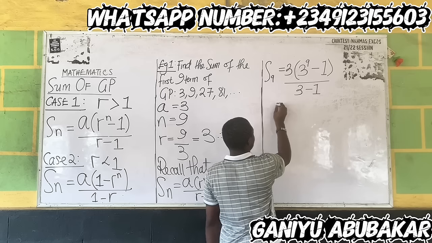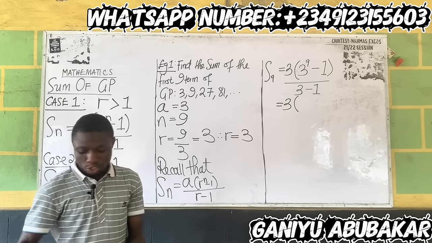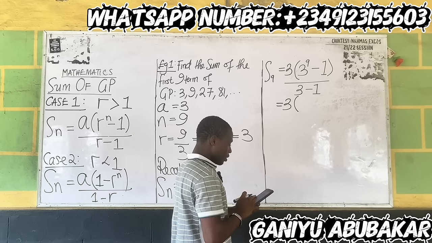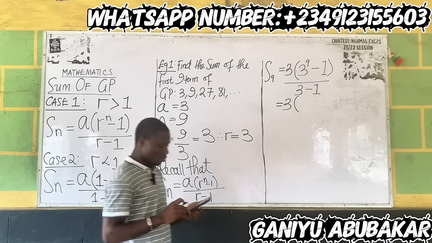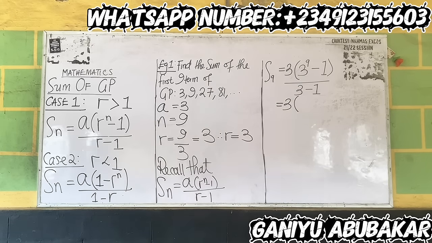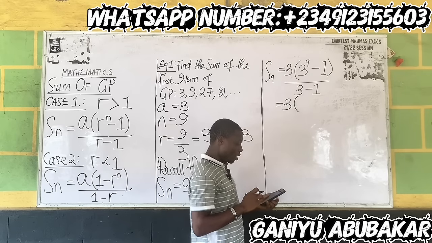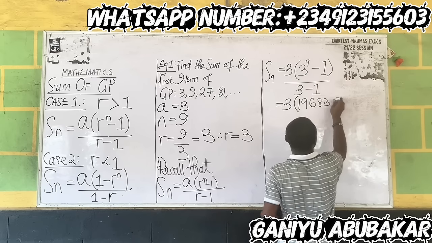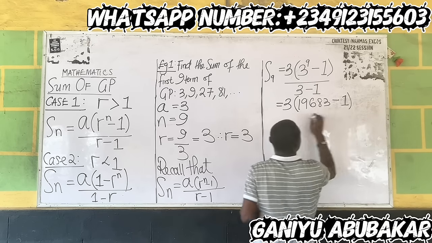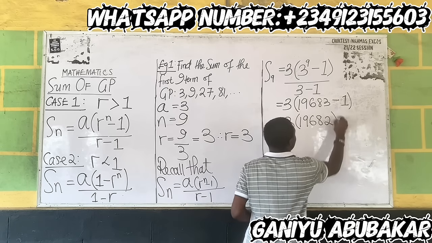Breaking this down, 3 to the power 9 gives about 19,683. Minus 1, I'll have 3 into 19,682 as my value.